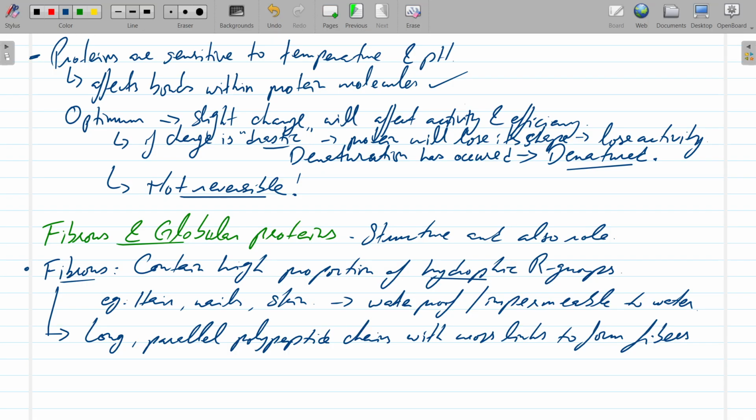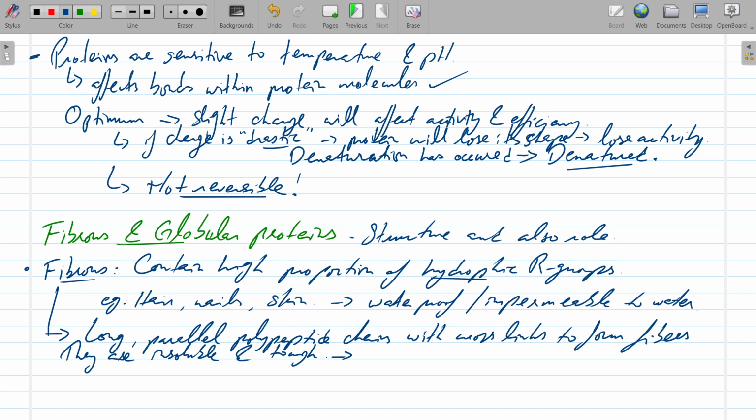And fibrous proteins, again, are insoluble and tough.